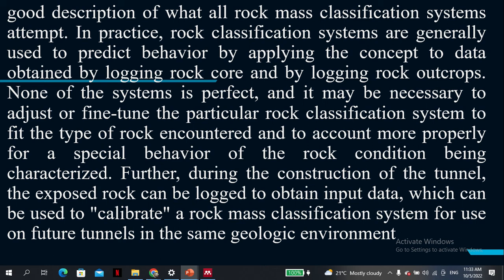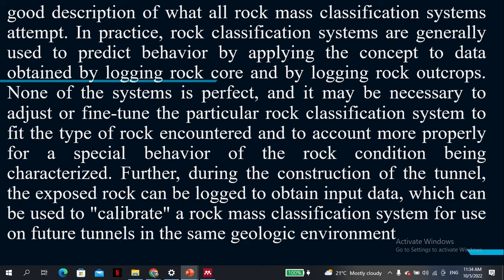None of the systems is perfect, and it may be necessary to adjust or fine-tune the particular rock classification system to fit the type of rock encountered and to account more properly for special behavior of the rock condition being characterized. Further, during the construction of the tunnel, the exposed rock can be logged to obtain input data which can be used to calibrate the rock mass classification system for use on future tunnels in the same geologic environment.